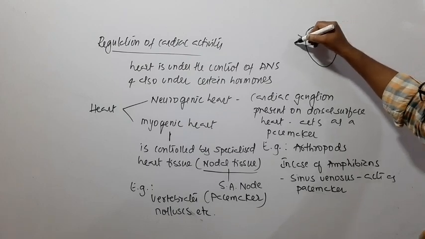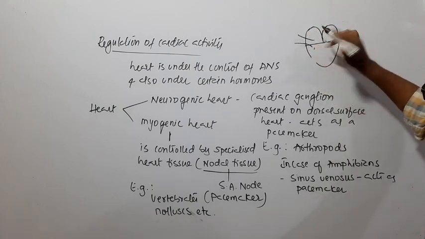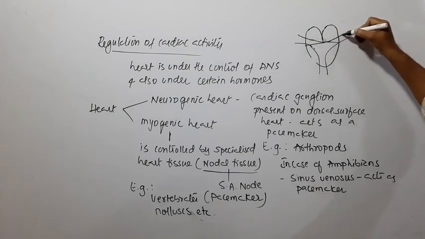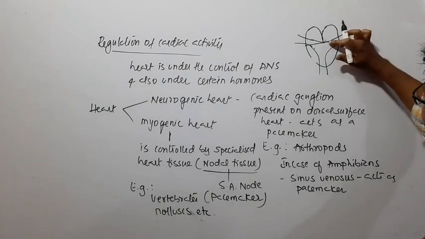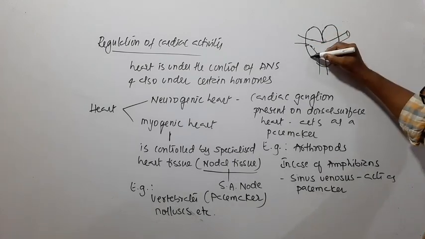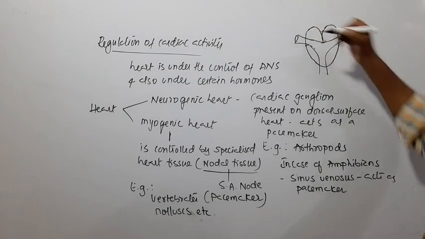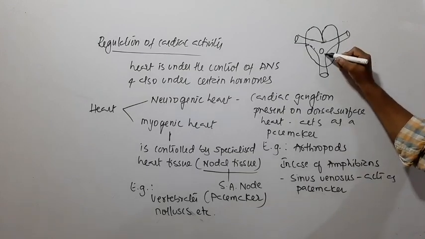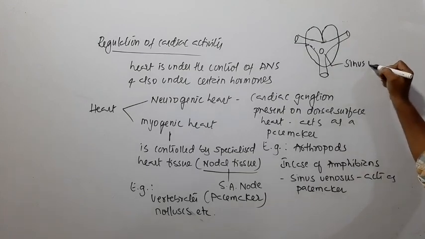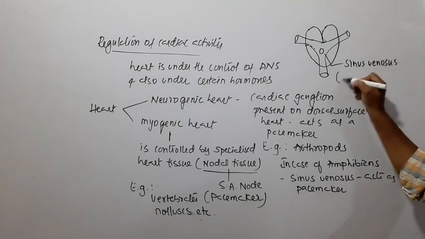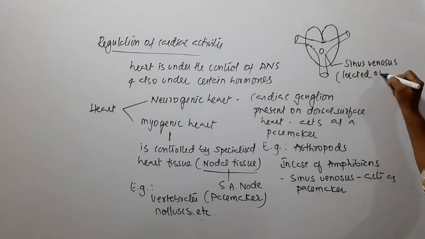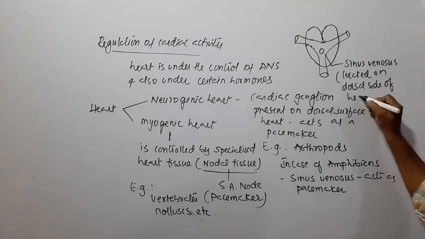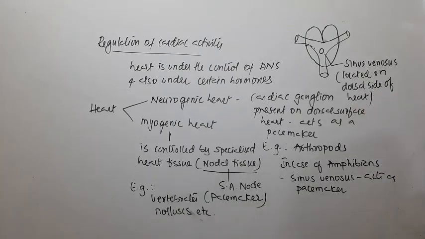Here you will find a triangular shaped structure on the dorsal side of the heart. So this is how it looks. This is what we call the sinus venosus, and it is located on the dorsal side of the heart in case of amphibians.